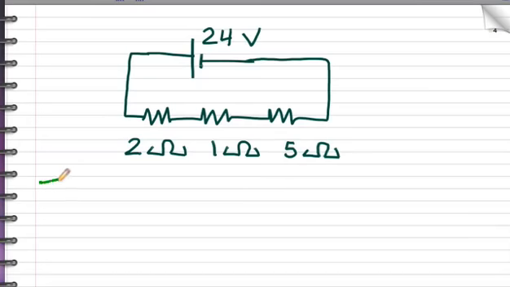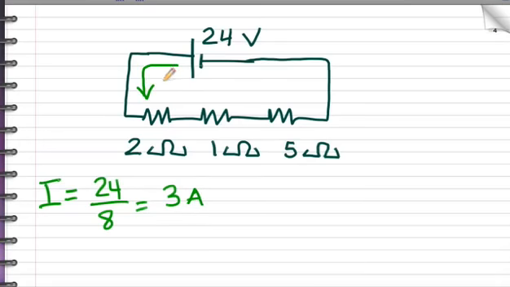Okay, first I'll find the current coming out of the battery. Voltage, 24, divided by the total resistance, 2 plus 1 is 3, plus 5 is 8. So we get 3 amps of current. Now to find the individual voltages, I will say voltage equals current times resistance.